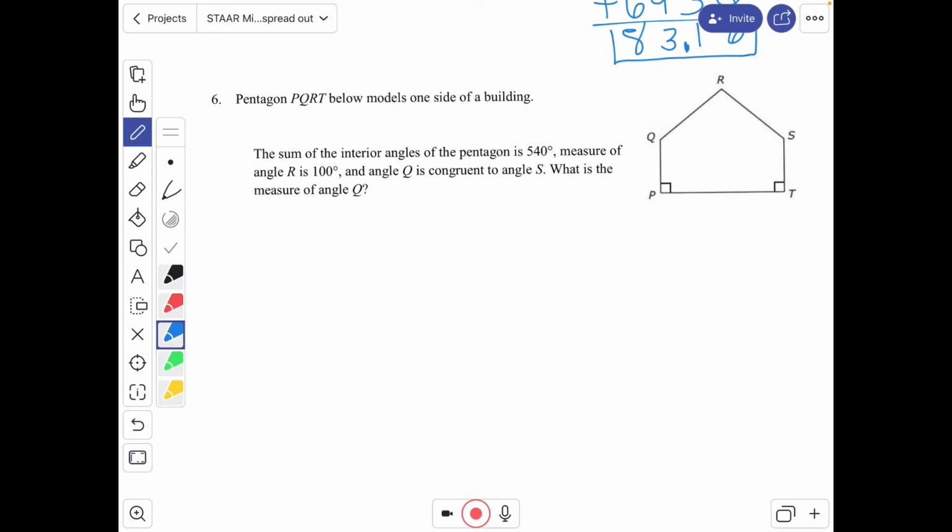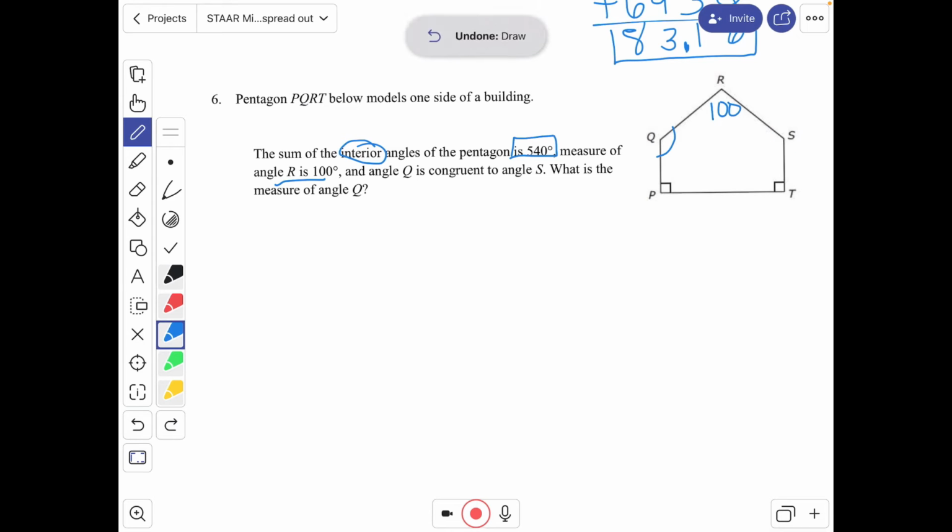Okay, so interior angles means the inside angles. And if I put them all together, they're going to equal 540. It says that angle R is 100. It also says that Q and S are the same.